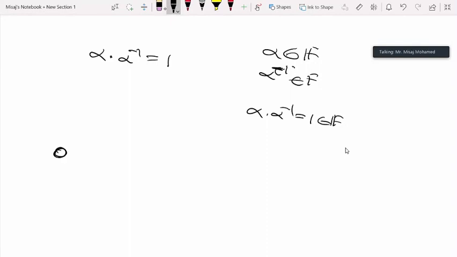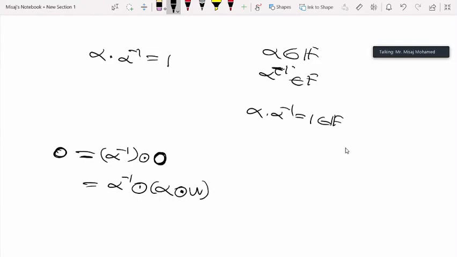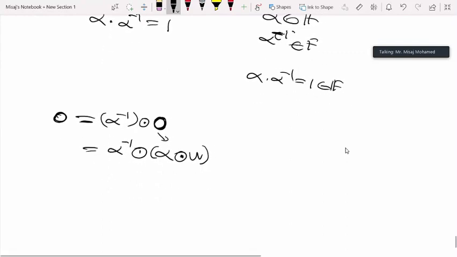Alpha not equal to 0. The 0 vector is equal to alpha inverse times 0, any scalar into 0. We can write like this. Again, instead of 0, I can put alpha dot u.